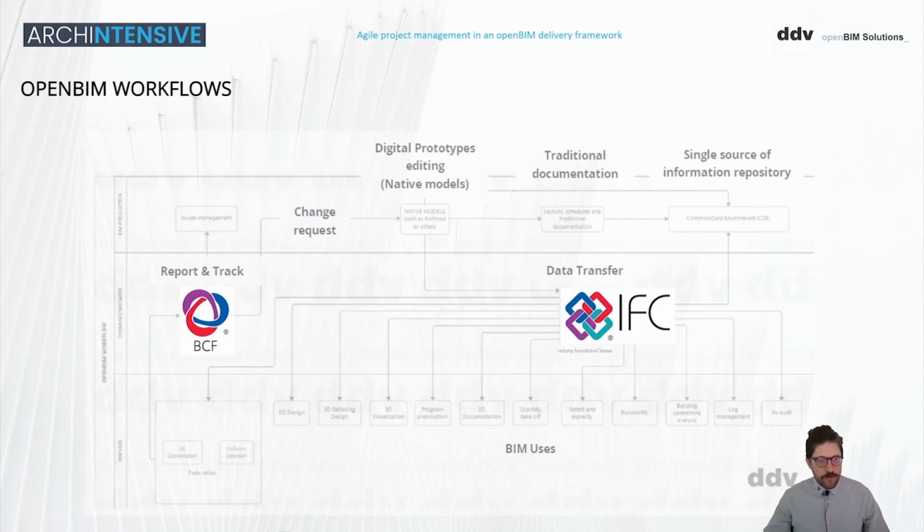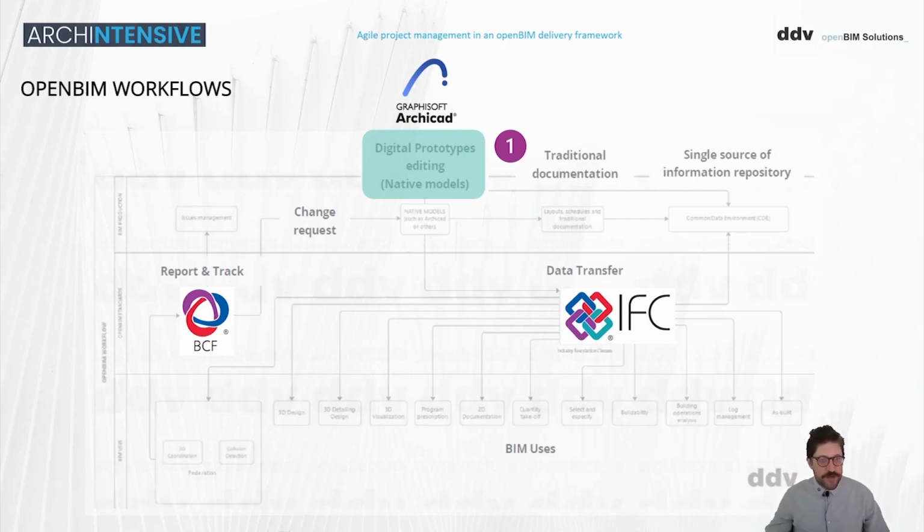So, for those who still don't know what the openBIM workflow is, this is a short and easy diagram in which you can see that in a common BIM practice, we are producing different digital prototypes in a native environment. We could call them native models, and in our case we are producing them using Graphisoft Archicad, the BIM authoring tool, and then we can produce different types of outcomes, right?